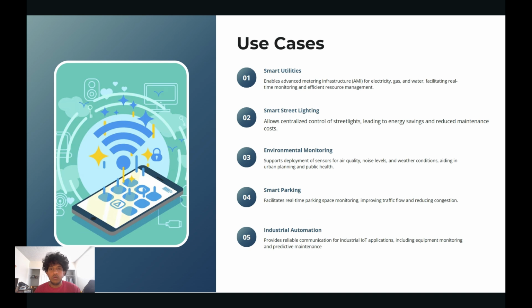We can also monitor environmental effects here. We can attach air quality sensors or noise sensors to detect the amount of noise that we get, and then we can manage the urban traffic, or we can manage the quality of air that is being let out from industries to reduce or mitigate it.